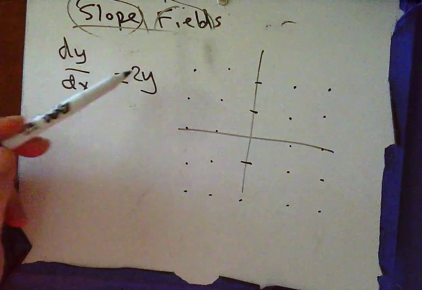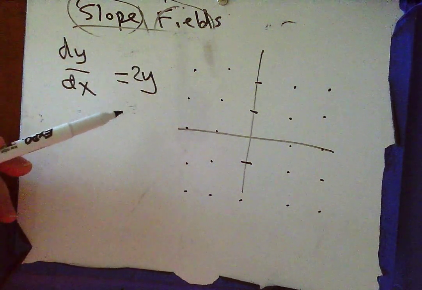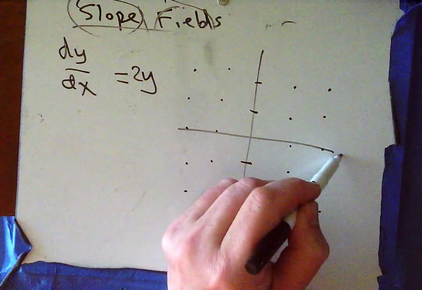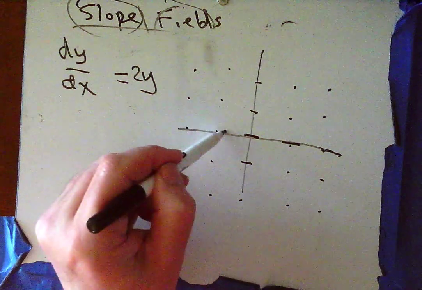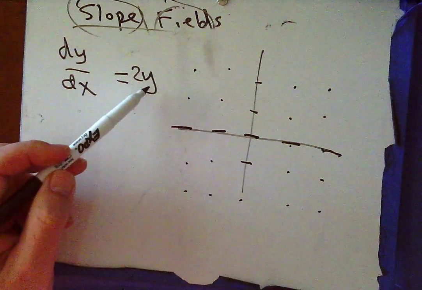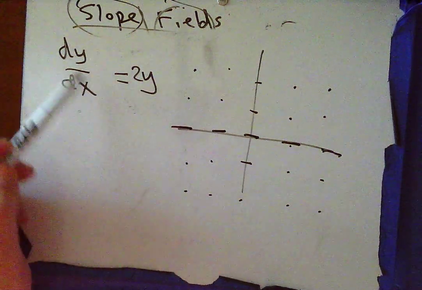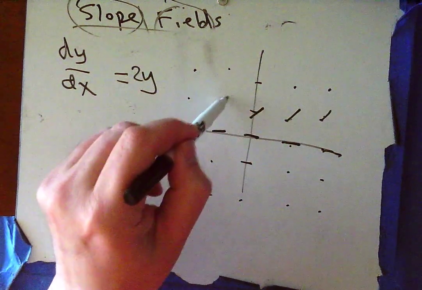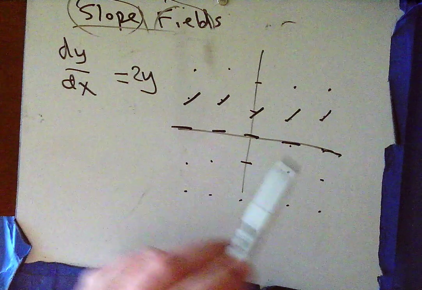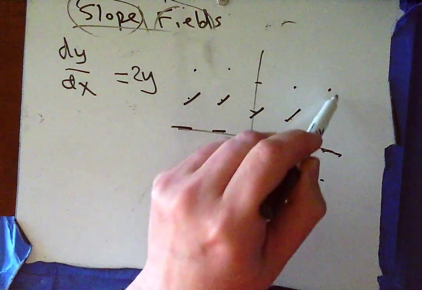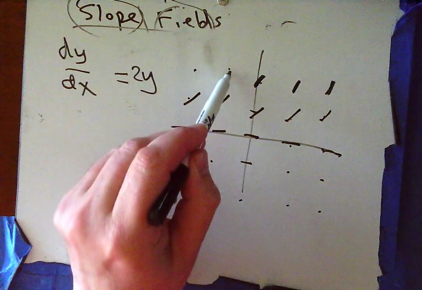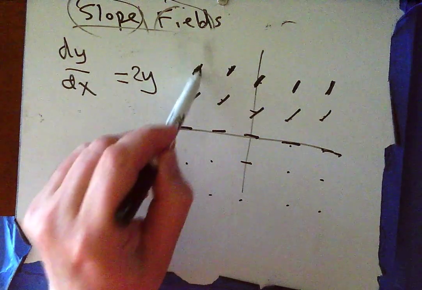And here, there's no x's to plug in, just y values. So when y equals 0, dy dx is 0. So 0, 0, 0, 0, 0. If y equals 1, dy dx is 1 times 2, or 2. If I plug in y equals 2, then I'm drawing little slopey segments of positive 4 slopes.